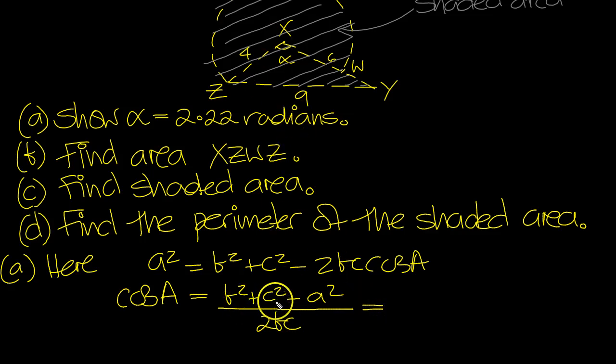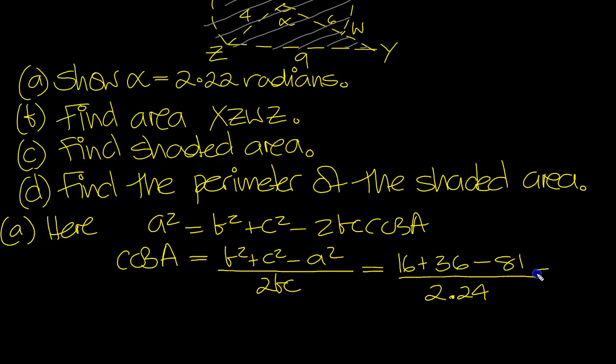A is the angle, so this is A, this is B, this is C, so to speak. So it's B squared plus C squared. So 16, 4 squared, 6 squared is 36, minus 9 squared is 81, over 2 times B, which is 4, and C is 6. 2 times 4 times 6. 4 sixes are 24, and it's 2 times 24.